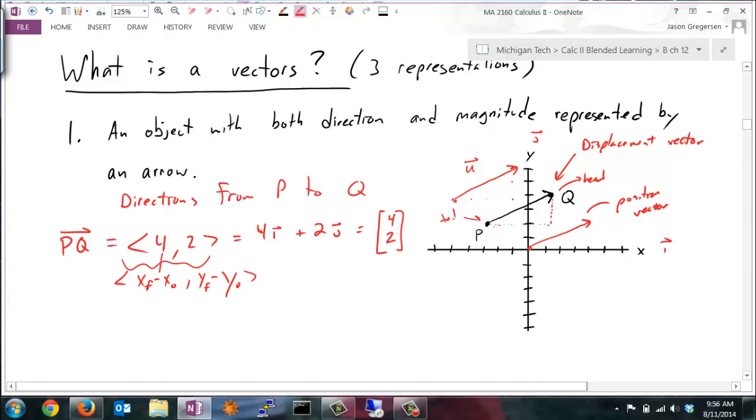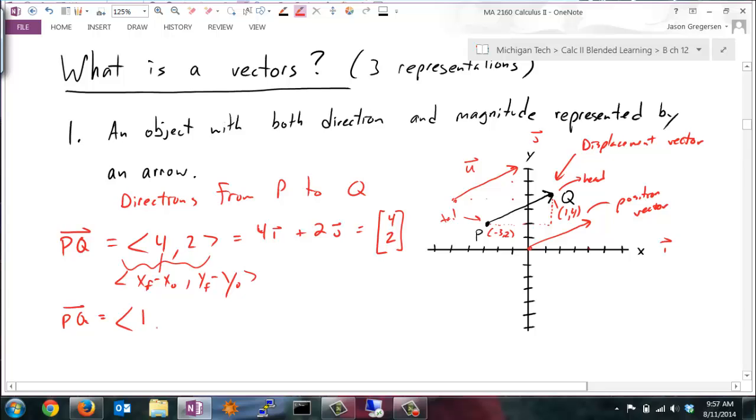So if we think of these 2 points here, P is at the point -3, 2. And Q is at the point 1, 4. So what is PQ? Well, it has a final x value of 1.